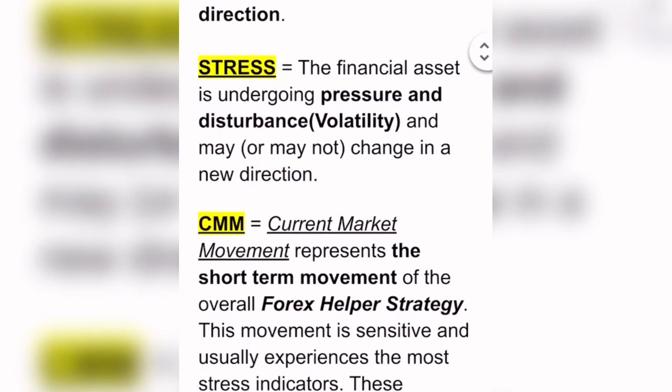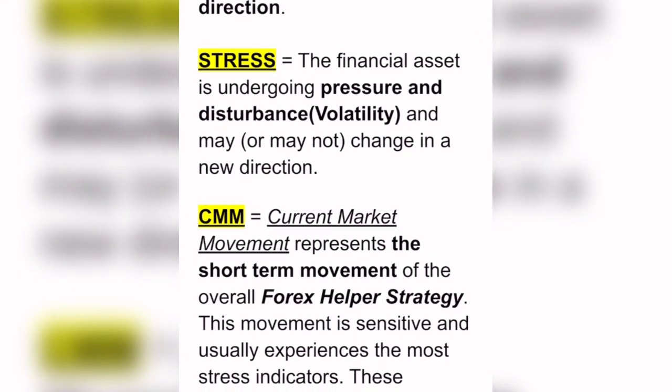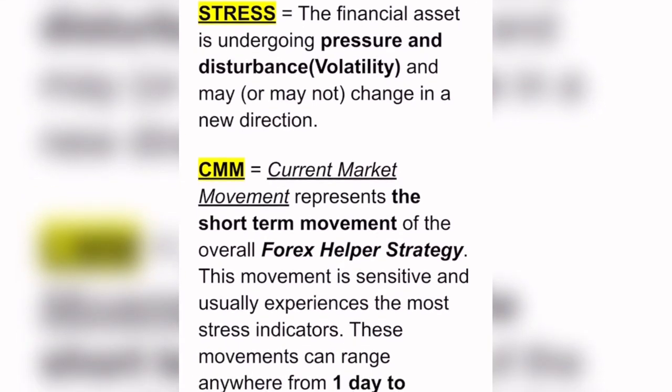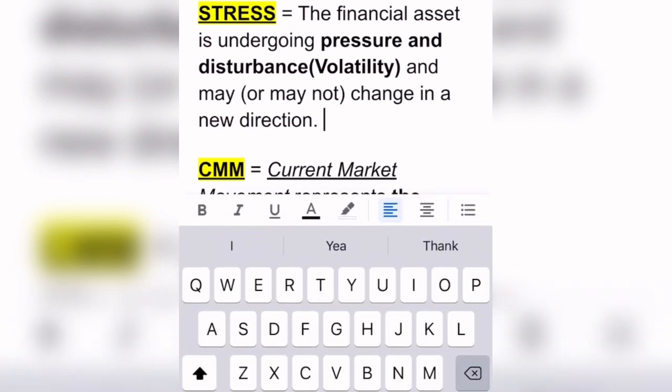The financial asset is undergoing pressure and disturbance, which is volatility, and may or may not change in a new direction. Okay, I should actually put that on there so it'd be more clear.